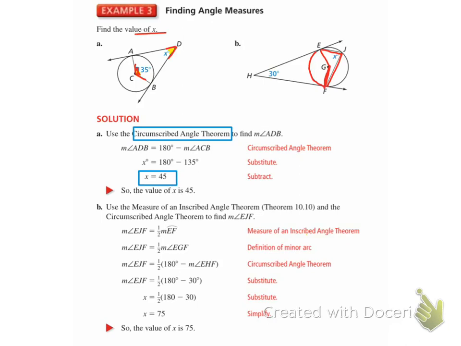But here they have used the inscribed angle theorem, which says that angle EJF is half of the measurement of arc EF. EJF is this x, so this is going to be half of arc EF. We know that because that's the half. All right, so let me use different colors.